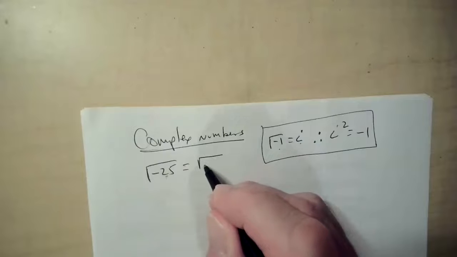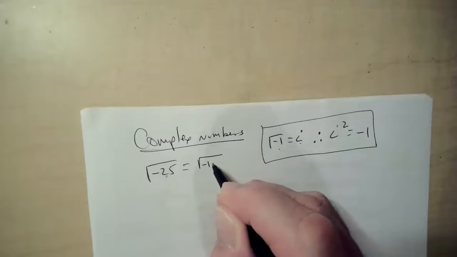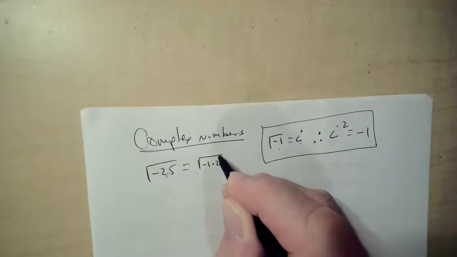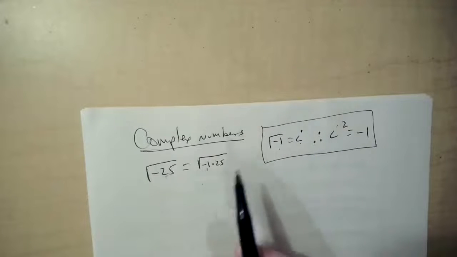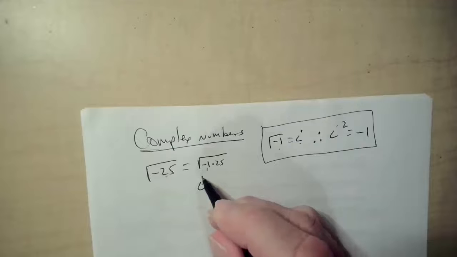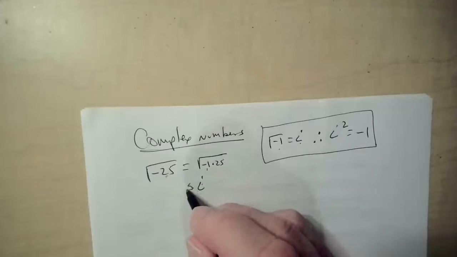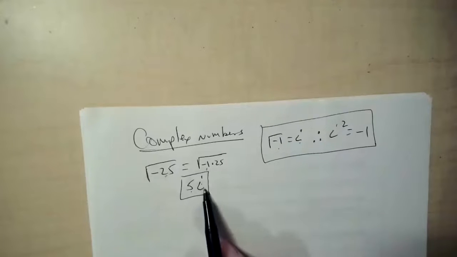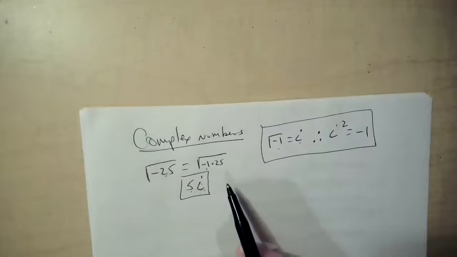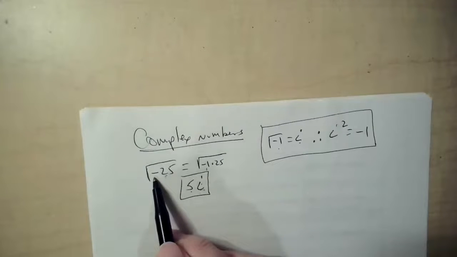Make it into i. Exactly, good. So this is the square root of -1. Now I'm going to go the long way around doing this. And the square root of -1 is i. The square root of 25 is 5. The 5 goes in front of i, this is not a variable, but it kind of acts like it.